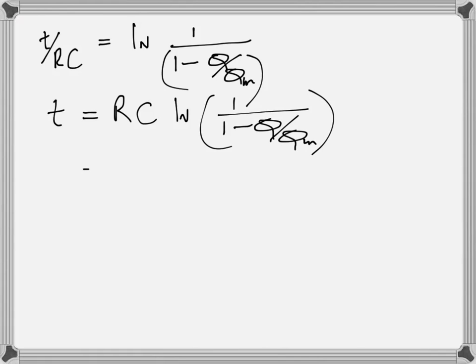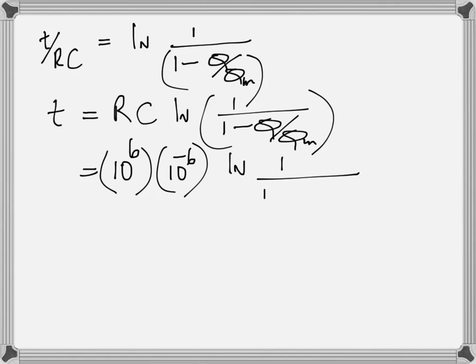Because this is 1 mega ohm, 1 microfarad is 10 to the minus 6, and you know they'll give you 1, isn't it? I just picked easy numbers. So that's going to be 1, and natural log of 1 by 1 minus half.